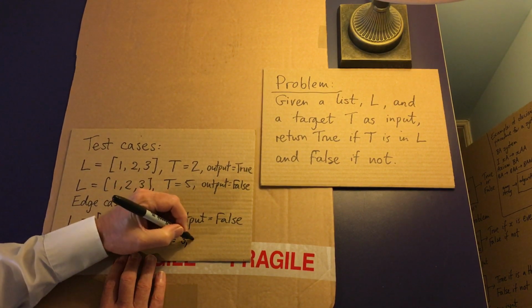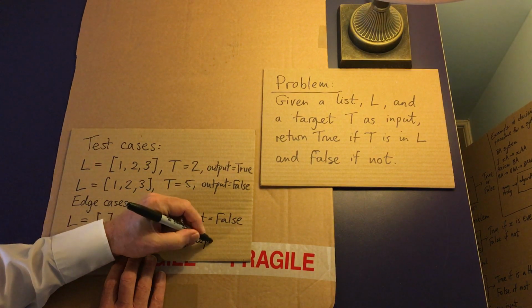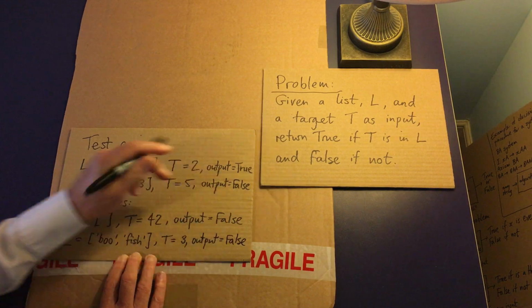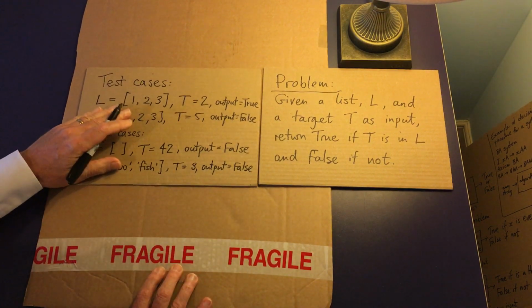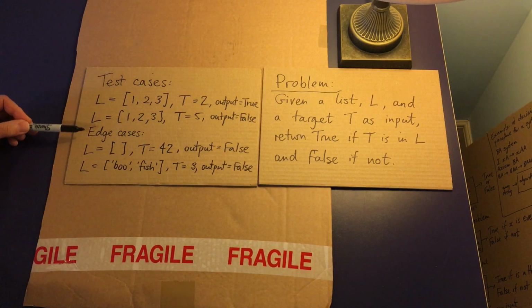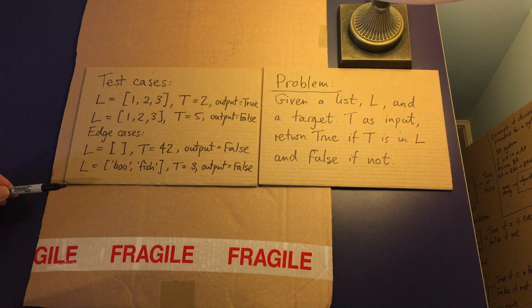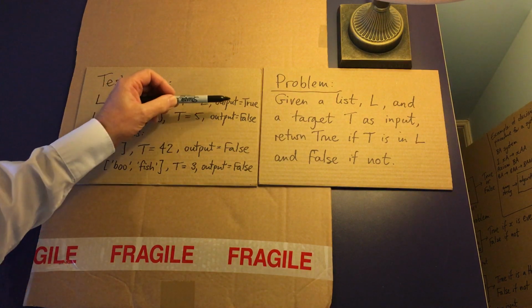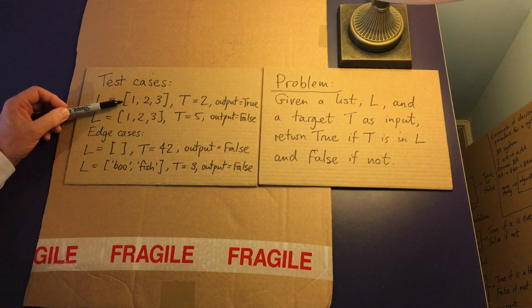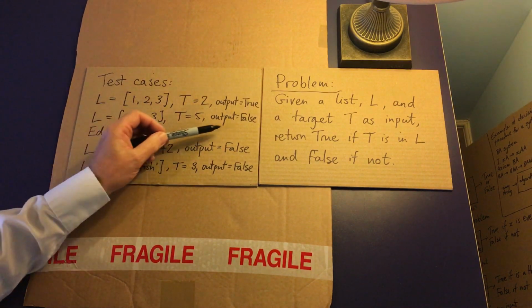Target is 3 and the output should be false. So when you've written some test cases like these, and you've included edge cases such as the empty list, you should be covering both true and false as your output. So here's one where it's true, here's one where it's false.